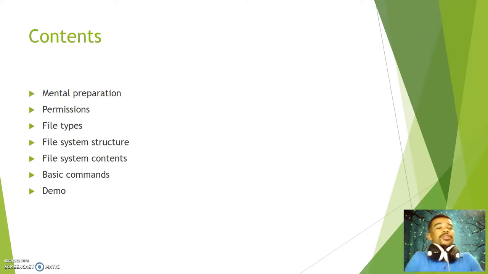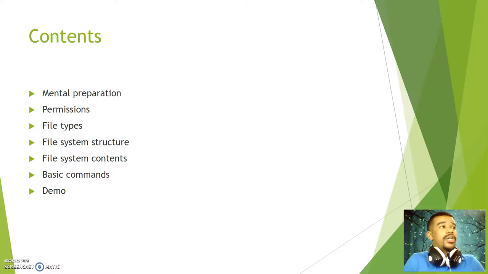So, first thing we want to do is note what we'll be covering in this presentation. First, we're going to get a little mental preparation ready for what we're going through in Linux and how the system actually thinks. Then we're going to take a look at how permissions work within the system and check out some of the various permission levels and how those are set, as well as reviewing the various file types in Linux.